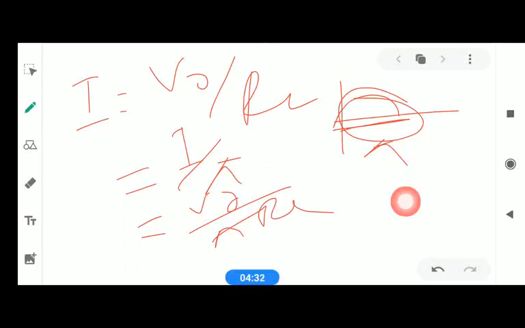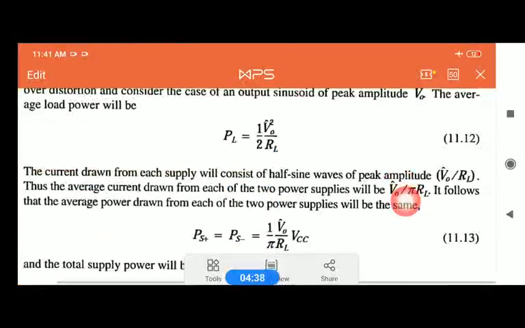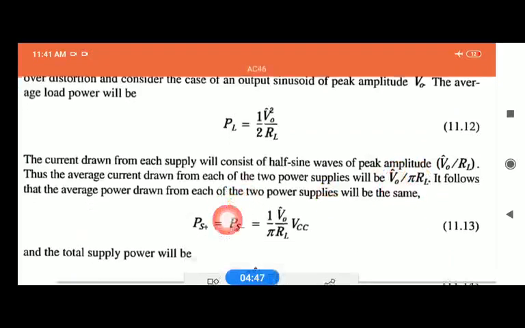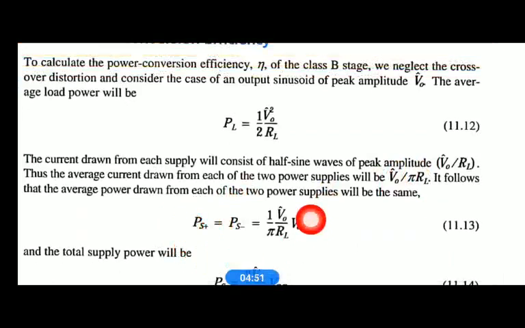So therefore for one supply you will get an average current of this much. So the plus power supply, that is plus VCC, will give you this current into VCC as the total power.